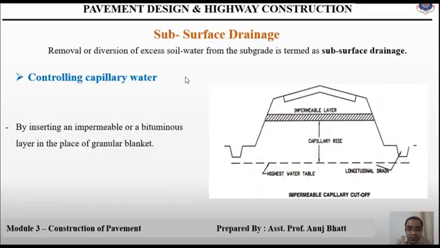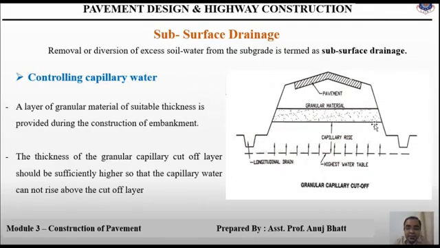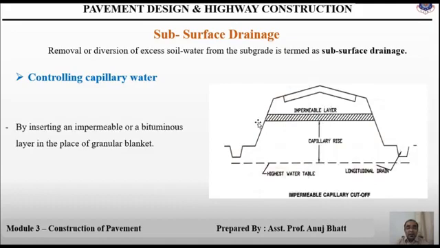Here you can see in the previous one we provided the granular material, and now in the second method, instead of this granular material, we are providing an impermeable layer, so the water will come but it will not get into the base layer or its upper surface layer. So you will not face any waterlogging from the pavement surface, and because of this provision, you can prevent the road from getting damaged.